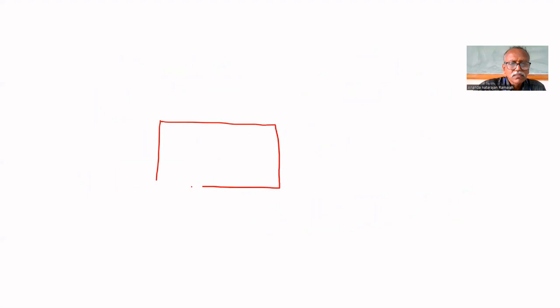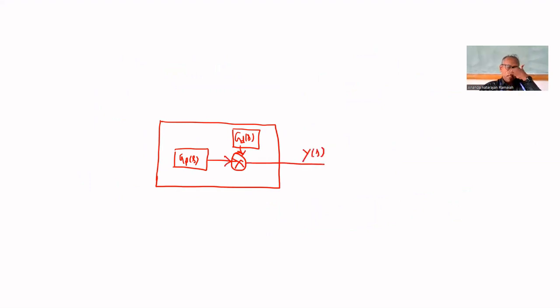This is the process, with GD of S and GP of S. The output because of both will be Y of S. Now, the disturbance is entering here, D of S. You want to design a controller for this, that is the feed-forward controller.